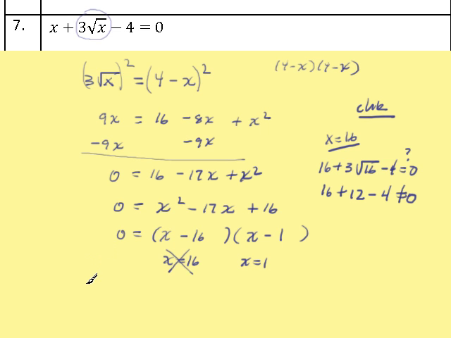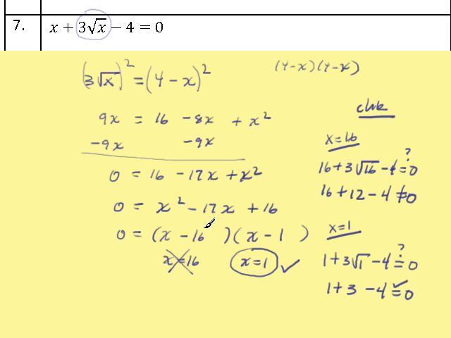Let's check x equals 1. And we have 1 plus 3 square root 1 minus 4. And we want to see, is that equal to 0? So this is 1 plus 3 minus 4, and that is equal to 0. So x equals 1 is a valid solution.